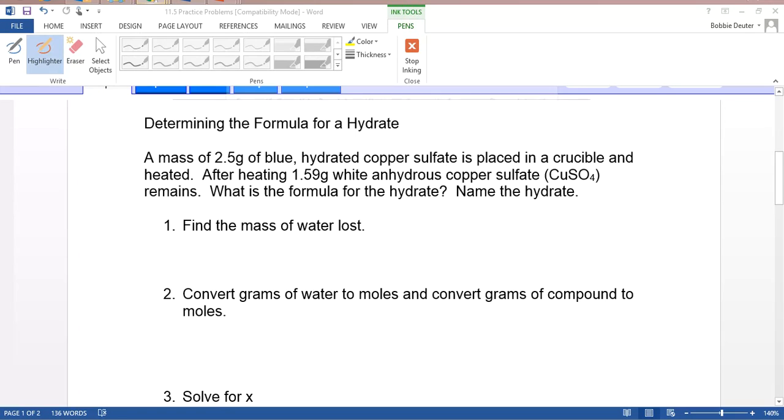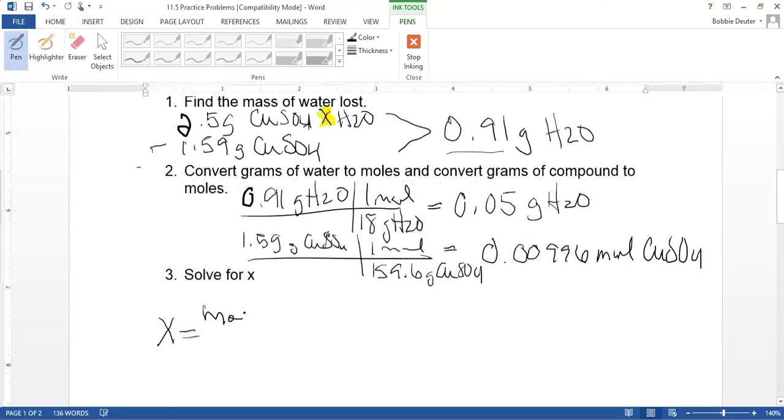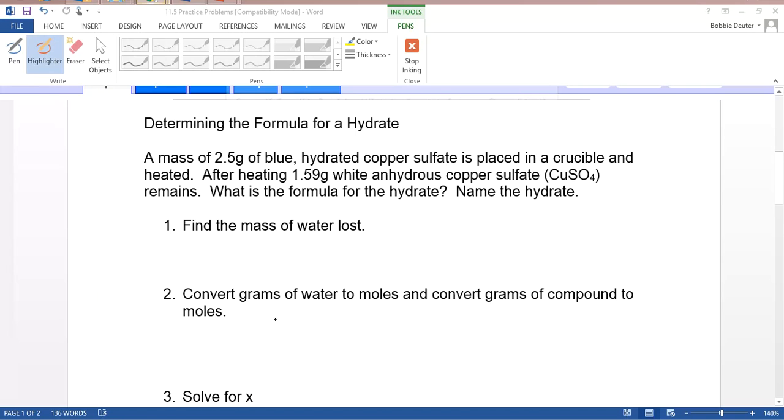Okay, so now we're going to solve for X. X would be, as we said up here, our number that would go in front of our water molecule to determine what type of hydrate we have. So we have a little formula for that. X is equal to the moles of your water over the moles of your compound. CMPD is the abbreviation for compound, by the way.